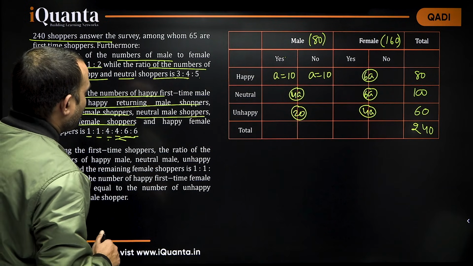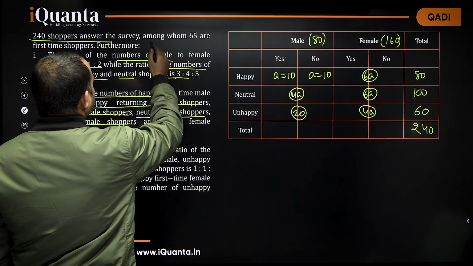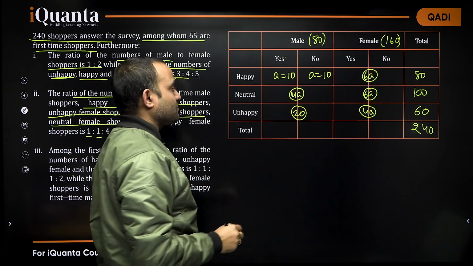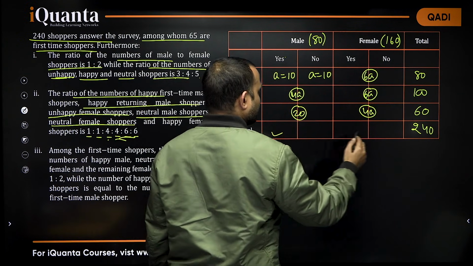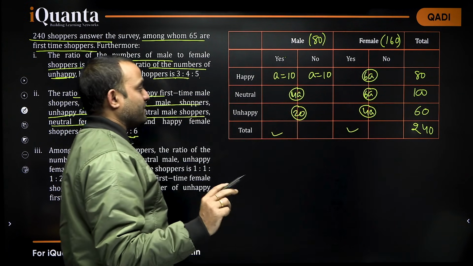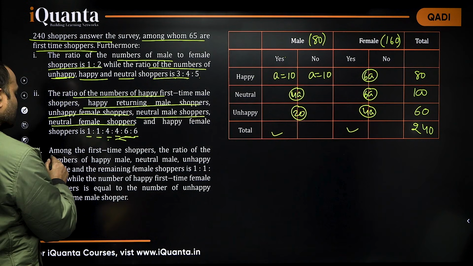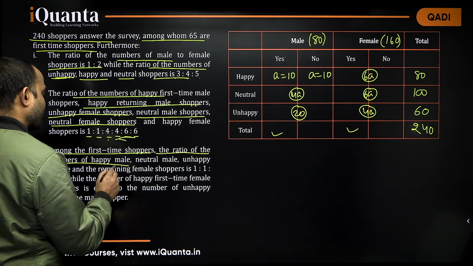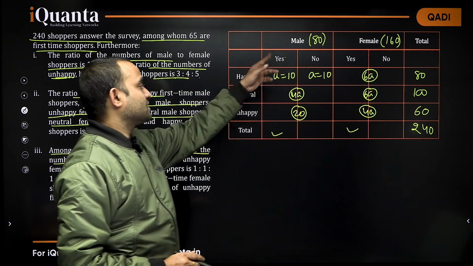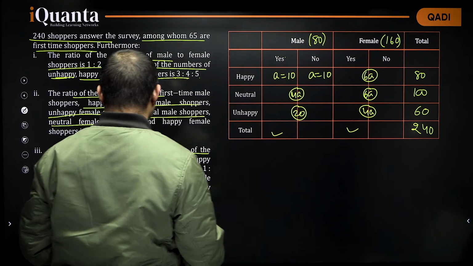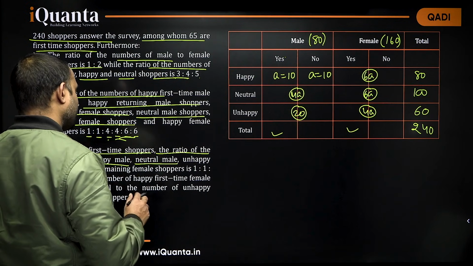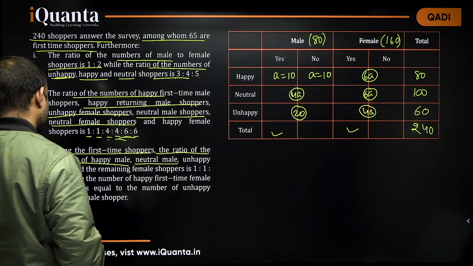Now, one thing is also given here that we missed, among whom 65 are first time shoppers. First time shoppers 65. This plus this is 65. Then it says among the first time shoppers, the ratio of number of happy male, which is 10, neutral male and unhappy female, and the remaining female shoppers is 1:1:1:2.